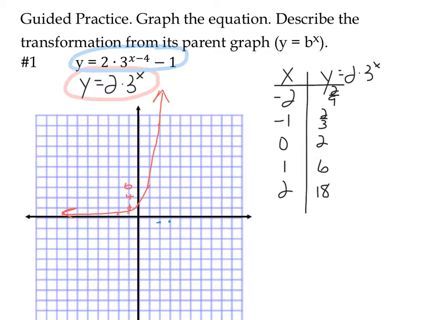So I can graph that point right there. Take the next point to the right, 1, 2, 3, 4, and down 1 would be right around there. And then my last point, 1, 2, 3, 4, and down 1. Right, so I took every one of these points and I went right 4, down 1, right 4, down 1.